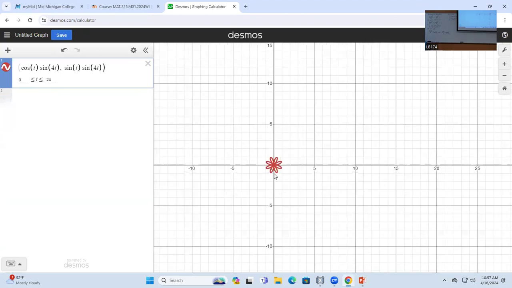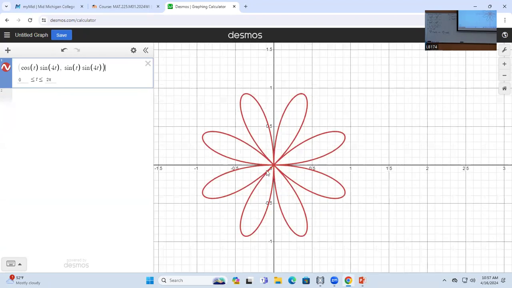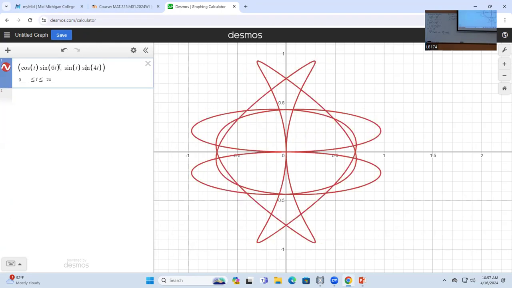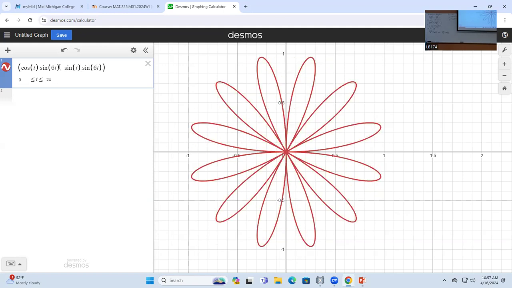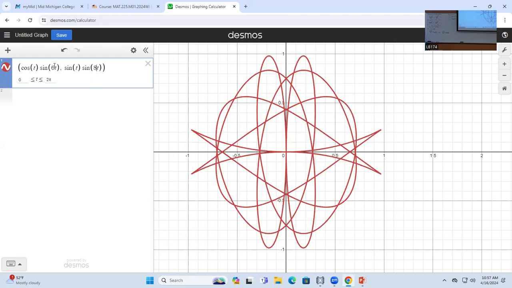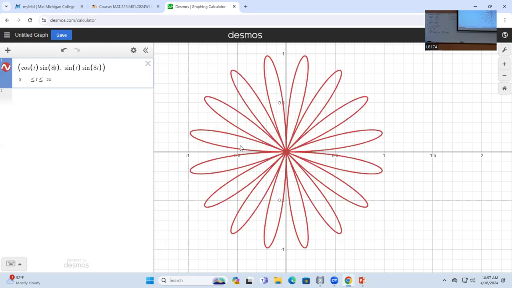Now I'm zoomed out, but if you zoom in, when I had sine of 4t, I got 8 petals. If you change that 4 to a 6, and this other 4 to a 6, you're going to get 12 petals. And if you change the 6 to an 8 and the other 6 to an 8, it turns out you get 16 petals.